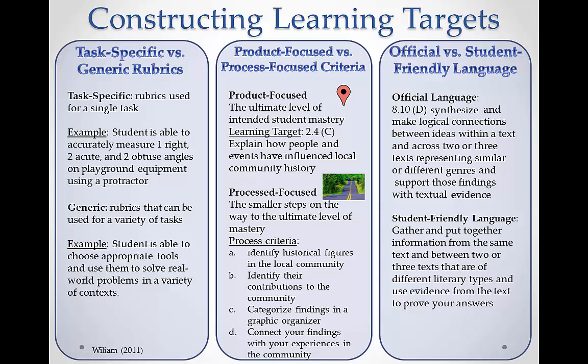This learning target from an English language arts class is full of important vocabulary for students to eventually understand and use in their own discussions and writings, such as genre, evidence, synthesize, and support. These are words they will encounter again and again in their academic studies. An option may be to begin with student-friendly language like the one below and to eventually move into more complex language as the year progresses.